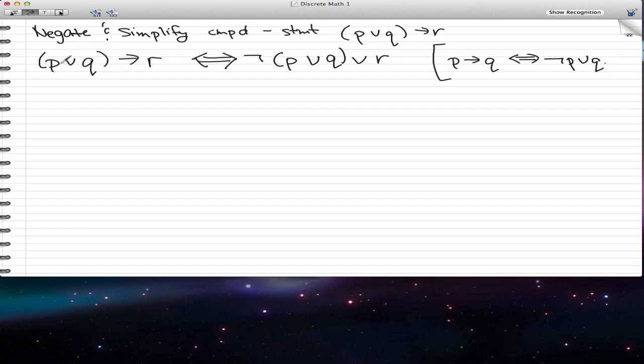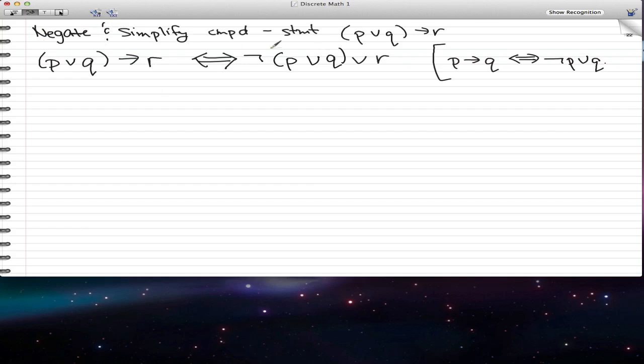Let's just imagine that P or Q is our P and R is Q. So P implies Q is logically equivalent to negated P or Q, or R. So that's how we get this statement. These two statements are logically equivalent.